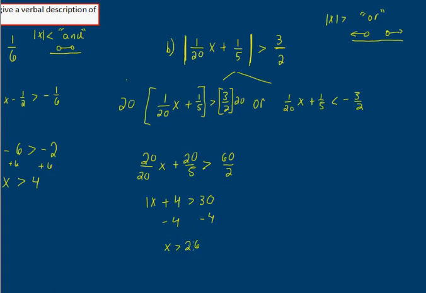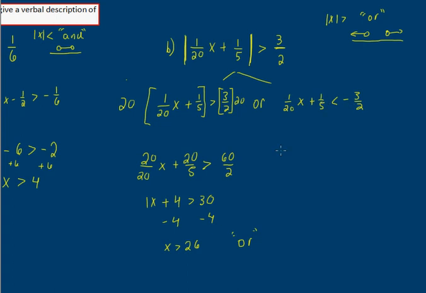So x is greater than 26, or, and notice that was the result of this greater than symbol, or x is going to be less than some number, and let's find out what that number is. If we multiply through by 20, again, it's going to be the same as this, except I'm going to have a negative sign right here, and it's going to result in x plus 4 is less than negative 30. But I'll verify that for you.